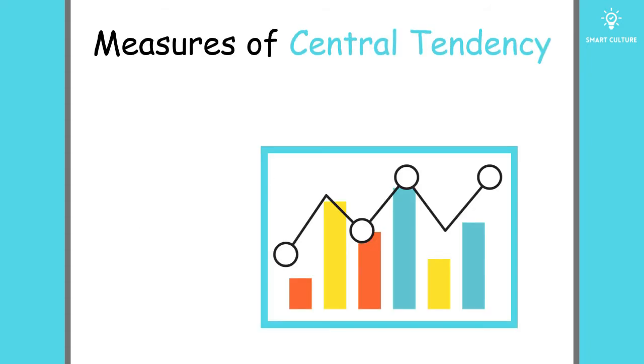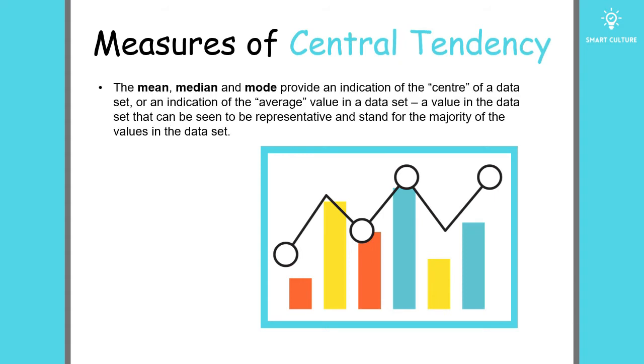Measures of central tendency. Now remember, measures that indicate the approximate center of a distribution are called measures of central tendency. The mean, median, and mode provide an indication of the center of a data set or an indication of the average value in a data set, a value that can be seen to be representative and stand for the majority of the values in the specific data set.